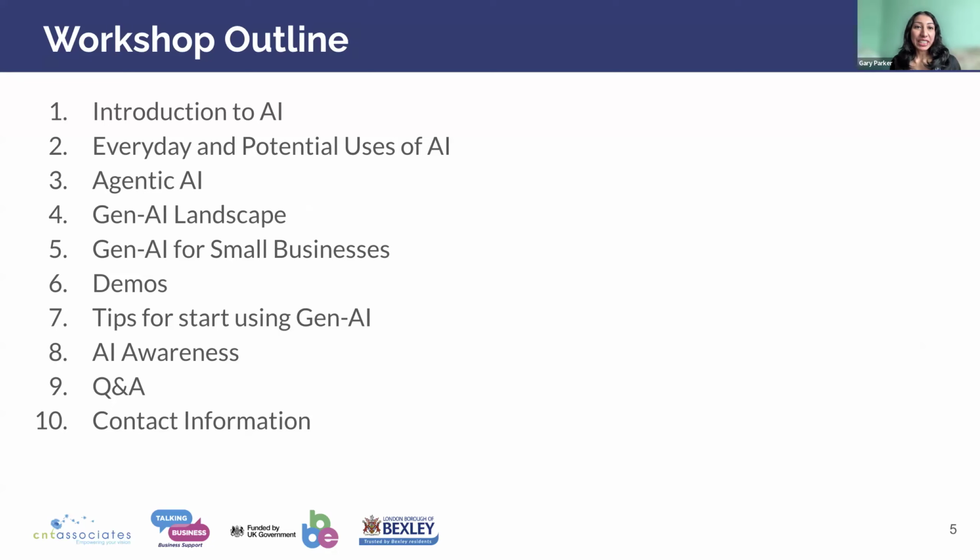We'll have some demos for you, tips for starting to use Gen AI, some advice about AI awareness and things you need to consider when using AI tools. Then we will end with a Q&A session. And we'll also give you our contact information at the end.